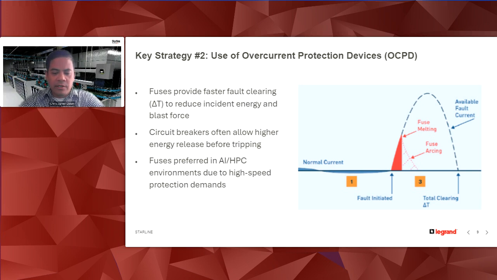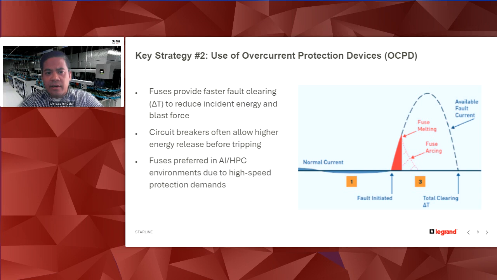Circuit breakers do the job they're supposed to do. They open in either an overload or a short.